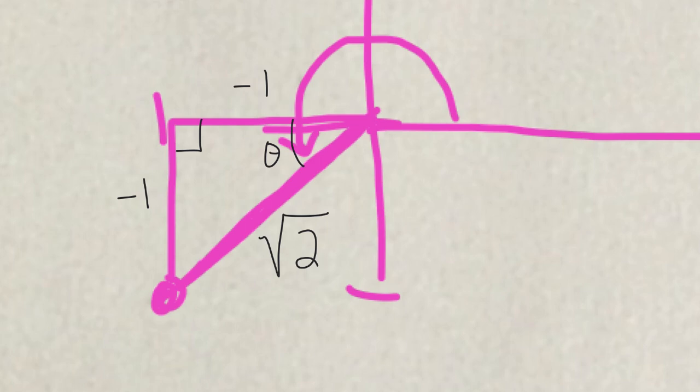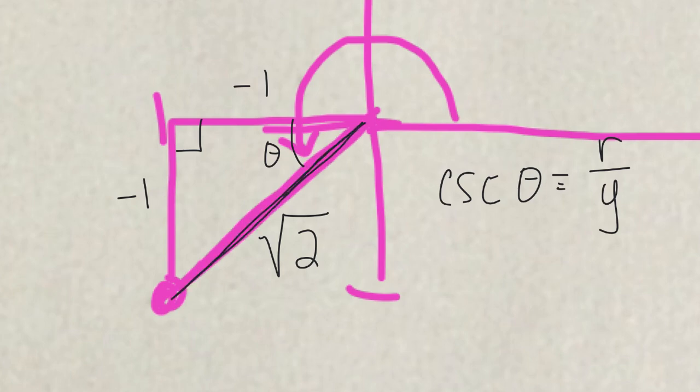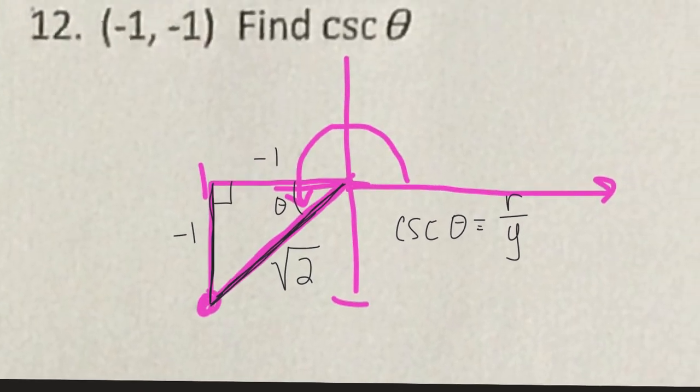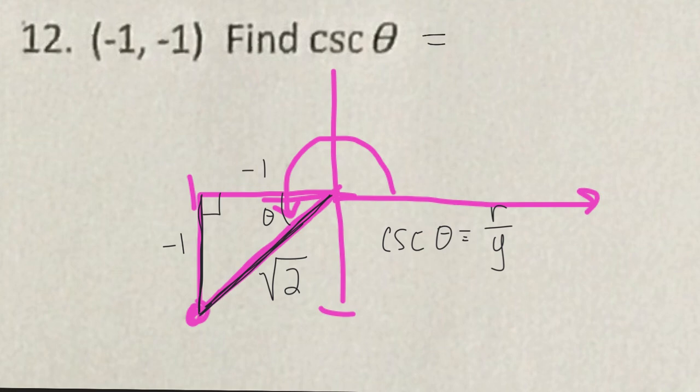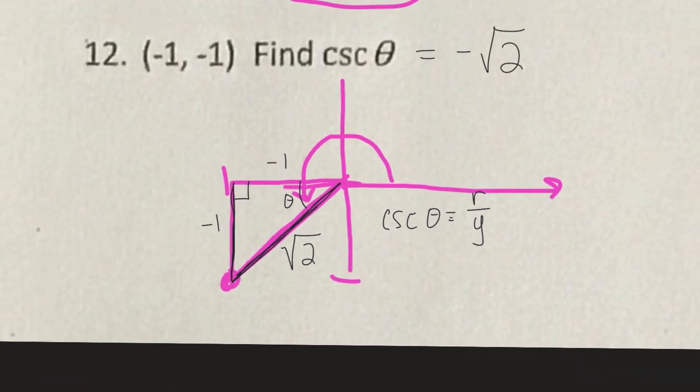The cosecant of any angle is the radius of your circle divided by the y coordinate. The radius divided by the y. So here our radius is root 2 units long, and your y value is -1. So root 2 over -1 becomes negative root 2. Okay, which makes good sense.